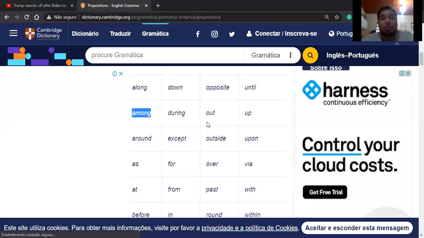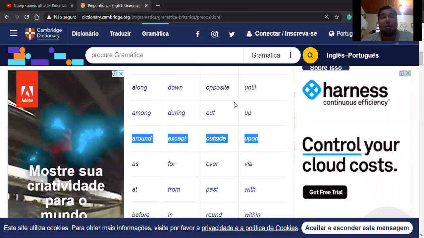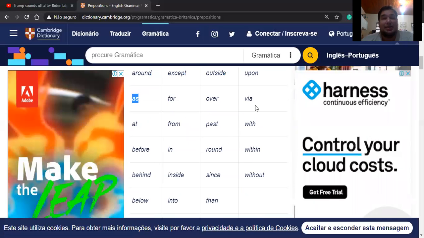Among, during, out, up. Around, except, outside, upon. As, for, over, and via. At, from, past, with.